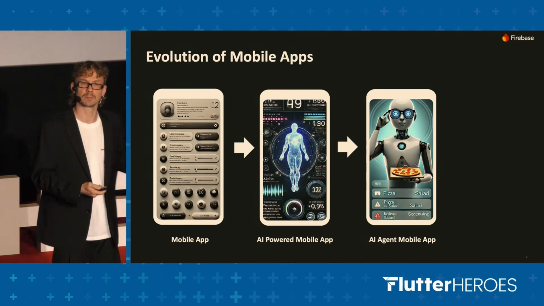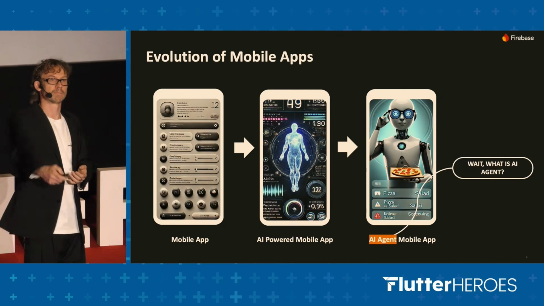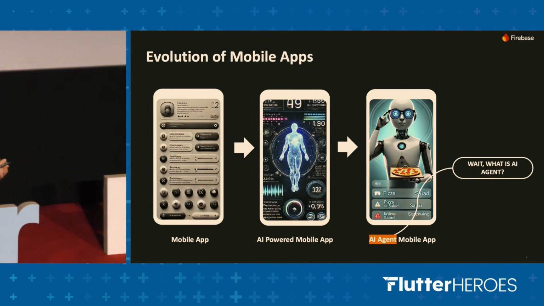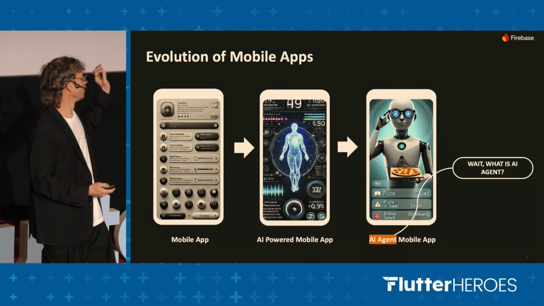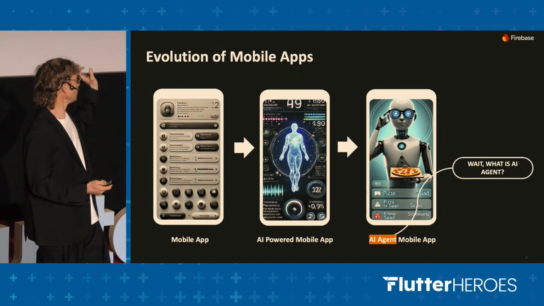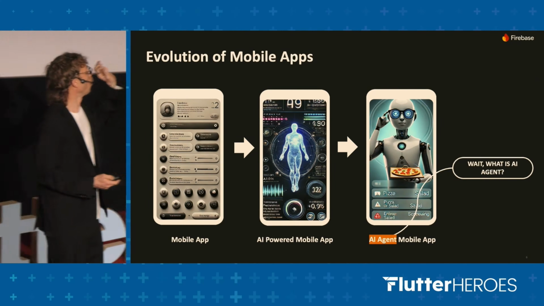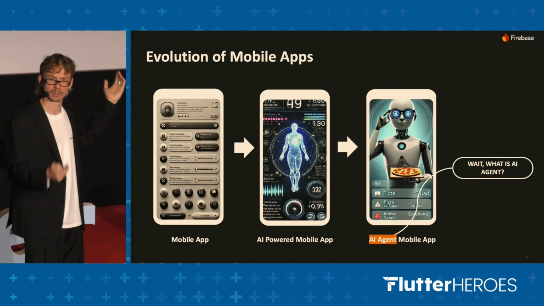Do you know what an AI agent means? Who knows? I expected that not everybody knows about it. That's why I decided to add this kind of small session inside the talk with the name, wait, what is an AI agent?